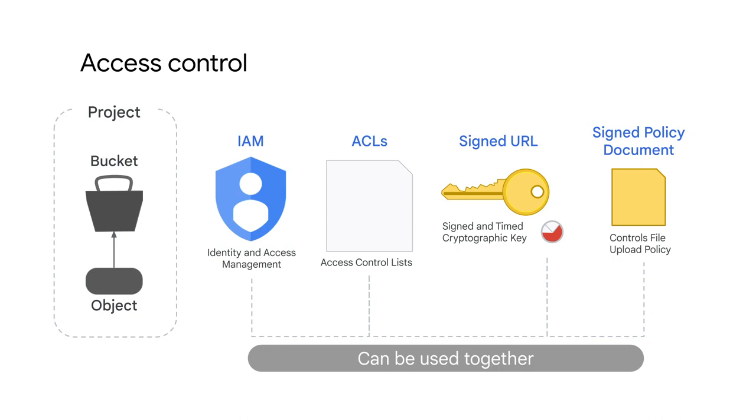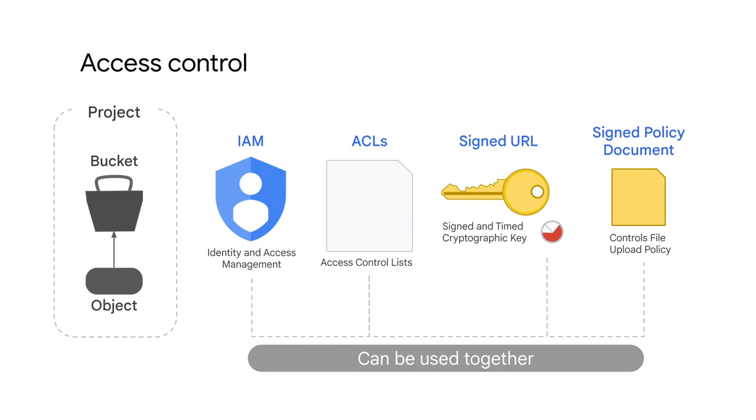Let's look at access control for your objects and buckets that are part of a project. We can use IAM for the project to control which individual users or service accounts can see the bucket, list the objects in the bucket, view the names of the objects in the bucket, or create new buckets. For most purposes, Cloud IAM is sufficient, and roles are inherited from project to bucket to object.